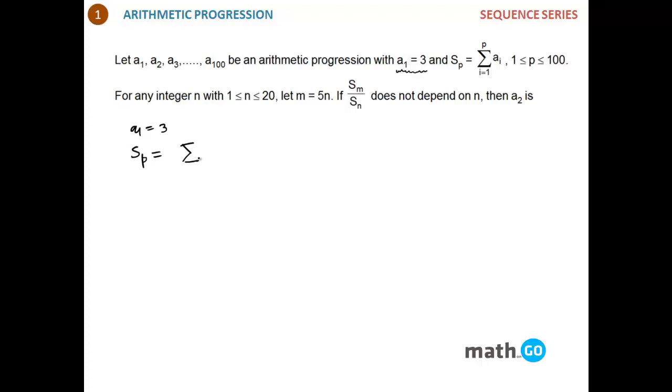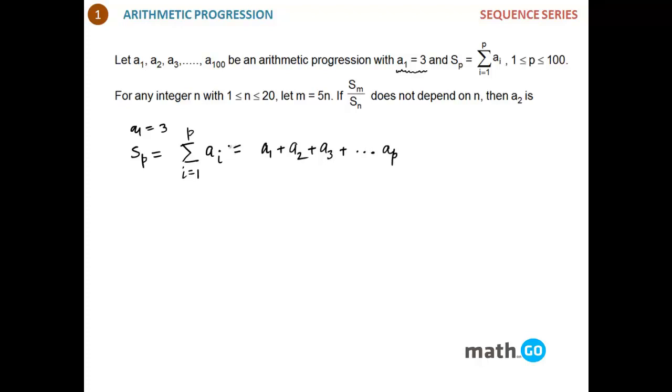So I hope you are not wary of this particular sign now. I understand that you must have got hold of it from the previous question. So what do you mean by this? Sp is the sum of terms of this AP, so this actually becomes this, and it will be till AP.